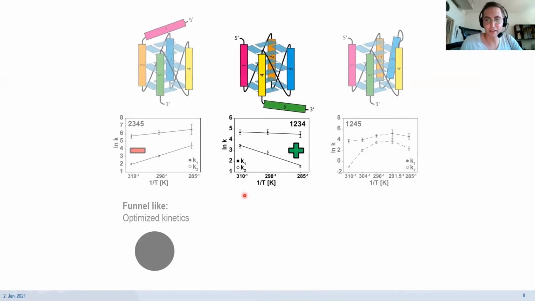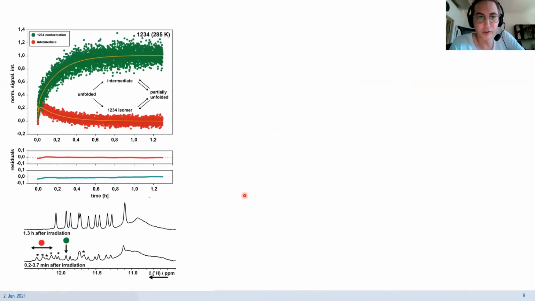But the opposite case is true for the second case. Here you have a positive activation energy barrier, meaning that during folding you have some kinetic traps which have activation energy barriers that you have to overcome in order to refold those traps. If you examine the folding reaction now at lower temperatures, I show you here the buildup of the major conformation.